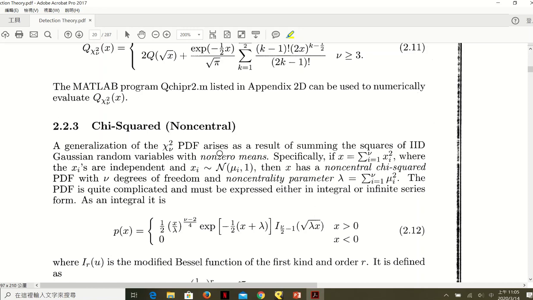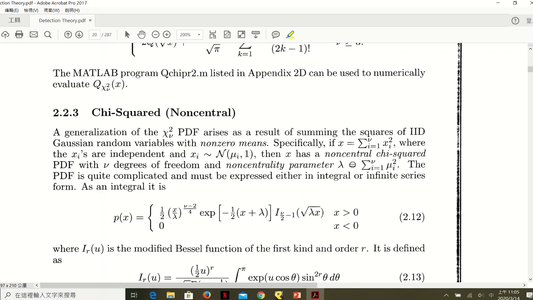And of course, there could be examples in other areas. For example, in power systems, when you're talking about the energy of a power, or in image processing, you could have chi-square distribution.